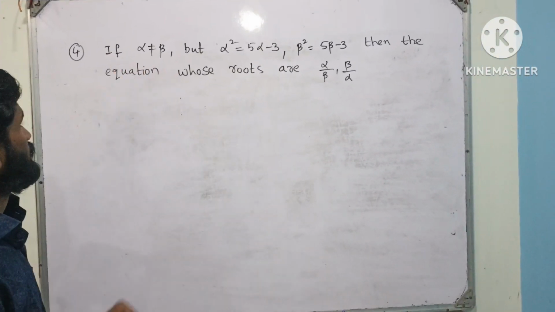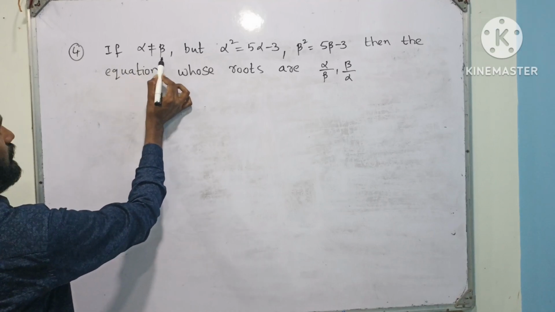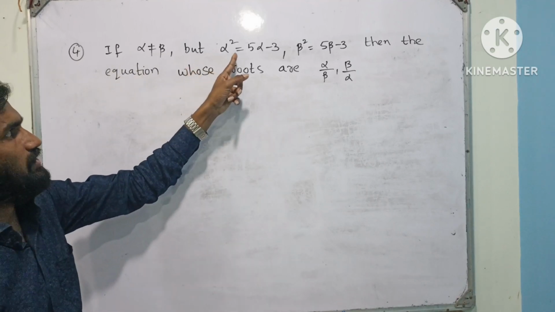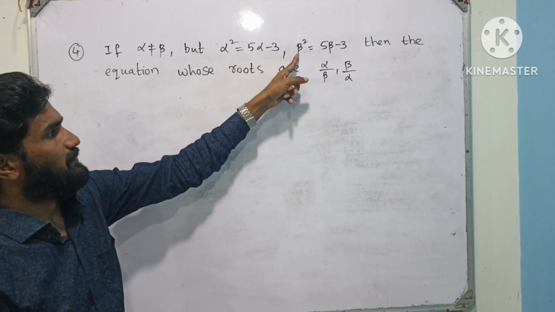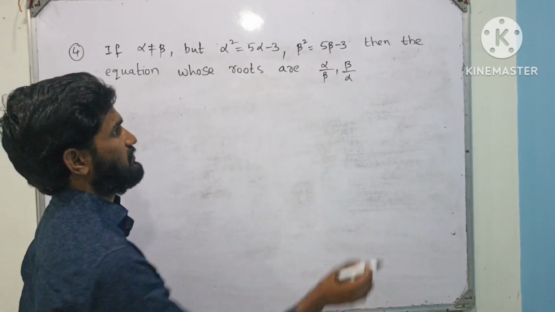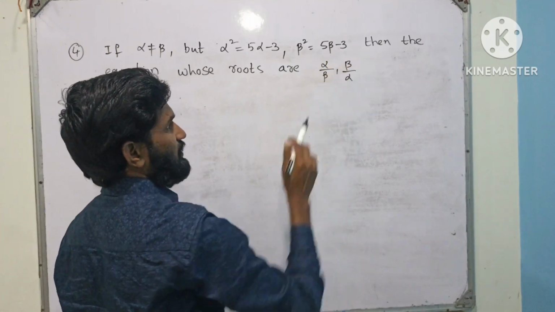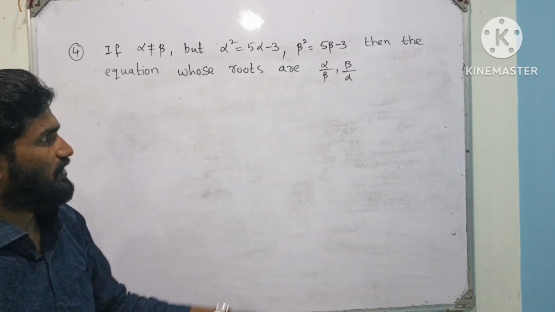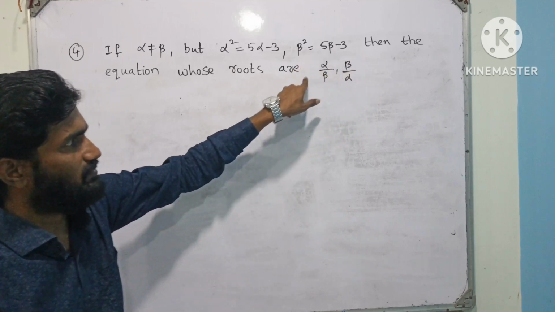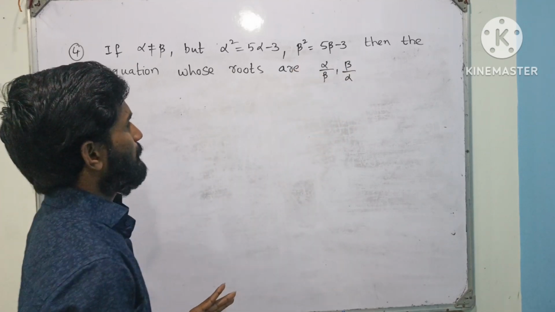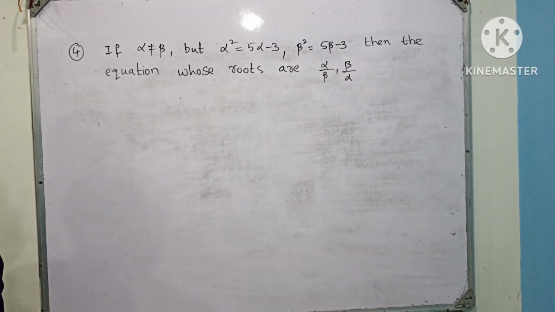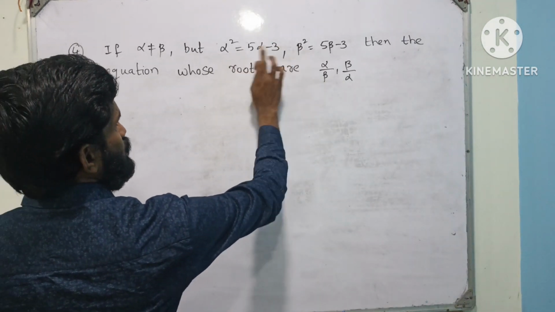This is the fourth question. If alpha is not equal to beta, but alpha square is equals to 5 alpha minus 3, beta square is equals to 5 beta minus 3, then the equation whose roots are alpha by beta, comma beta by alpha. We need to find the equation whose roots are alpha by beta, comma beta by alpha. Before going to solve this problem, first of all, observe these two.